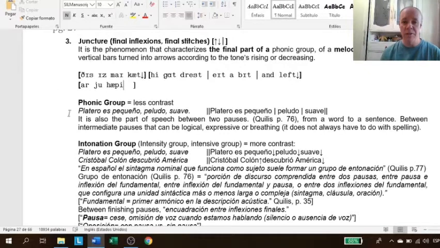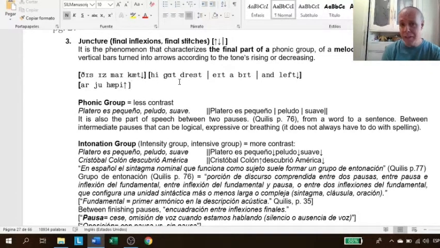Whenever we have yes-no questions, our intonation, instead of decreasing, goes up. So we need to mark this. So we use rising intonation for yes-no questions. Are you happy? Now, what about information questions, like what's your name? Where are you from? What's your address?